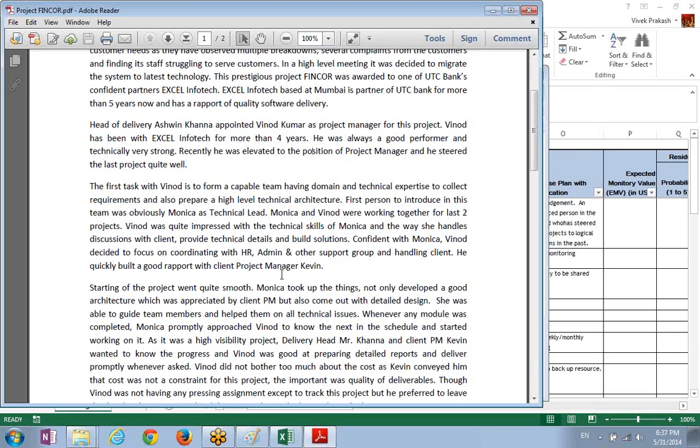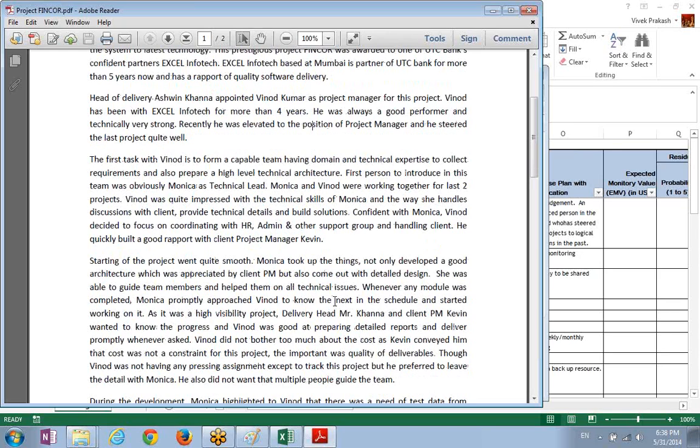Monica was the technical lead, and she had performed very well and had very good technical skills. So he was 100% relying on Monica, assuming that she would do it. Then he had an all-stakeholders meeting, and they immediately started.